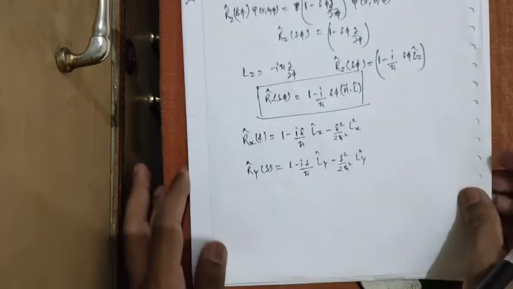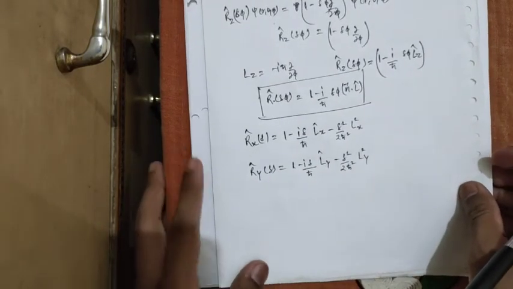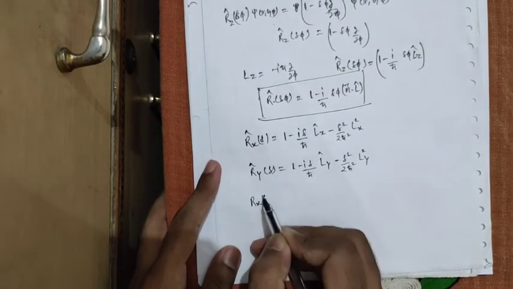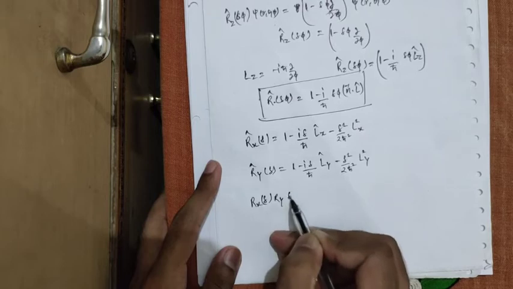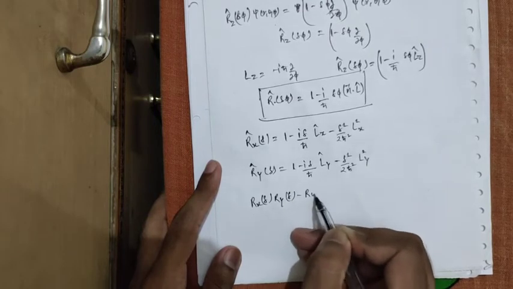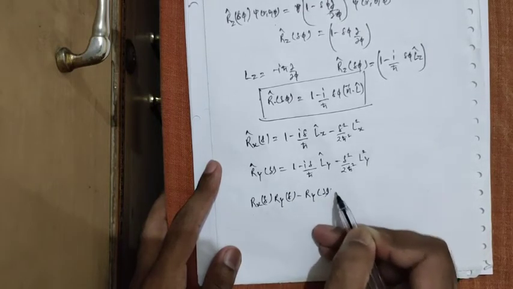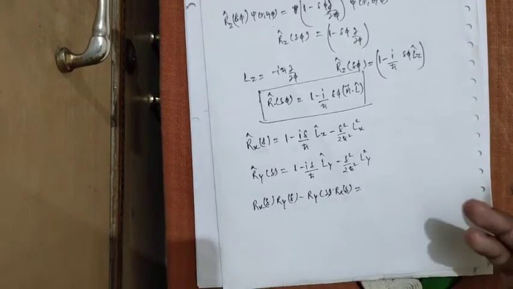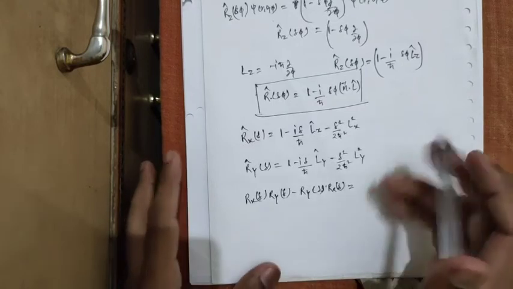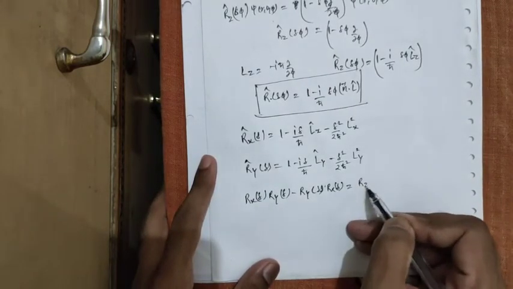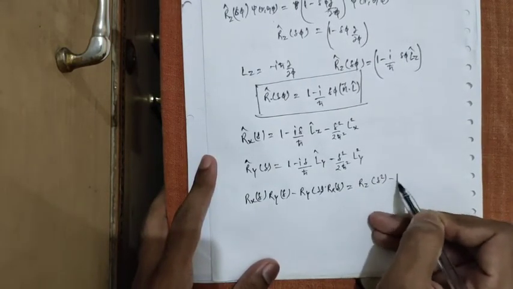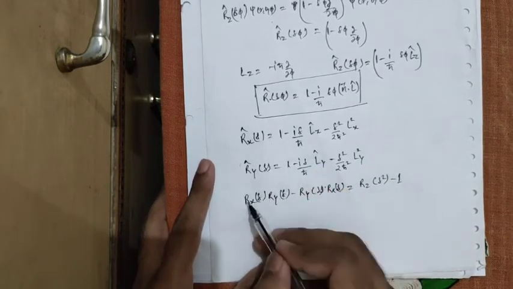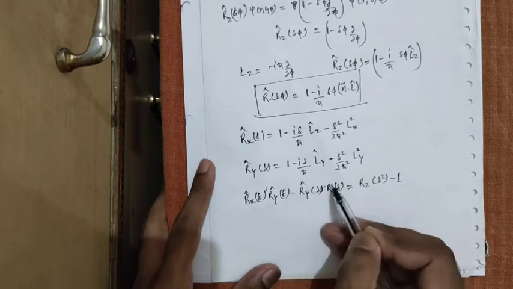Now, from our previous relation, we know that Rx del Ry del minus Ry del Rx del equals Rz del square minus 1.